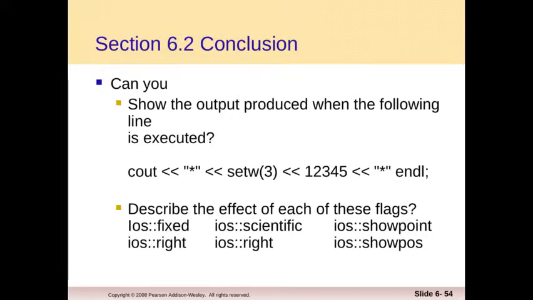Okay. What about the effect of these flags? Do you think you know what IS : fixed will do? Does it have to do with decimal points? It does. Yeah. In a way it does. It has to do with scientific notation and fixed point notation.